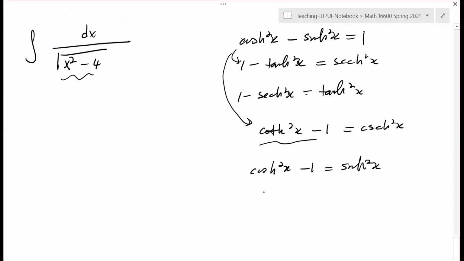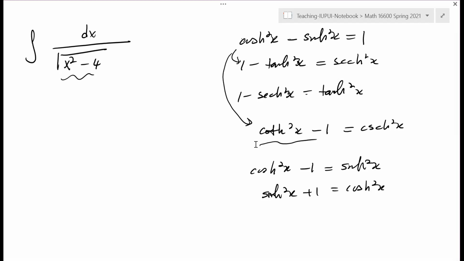I can also use hyperbolic sine squared x plus 1 equals hyperbolic cosine squared x. So look at our expression. Tangent and cotangent are more complicated than hyperbolic sine and cosine.